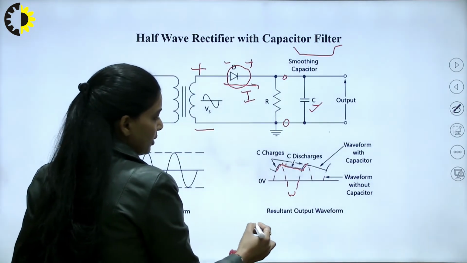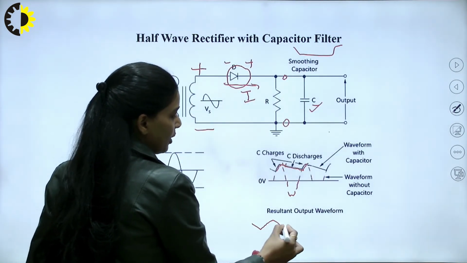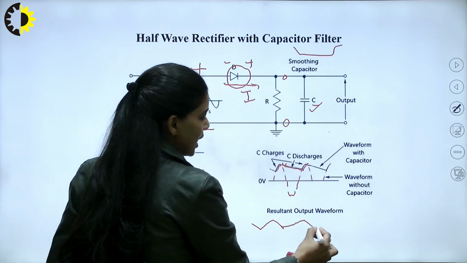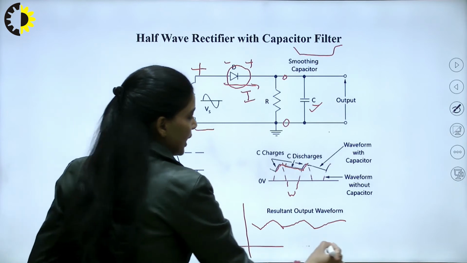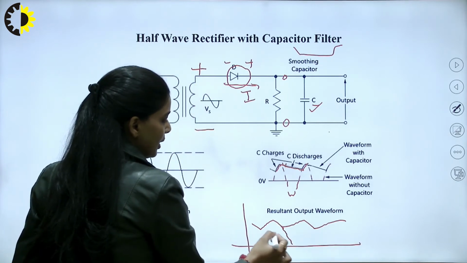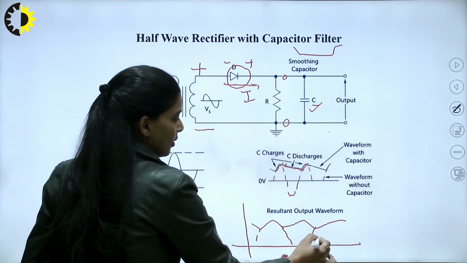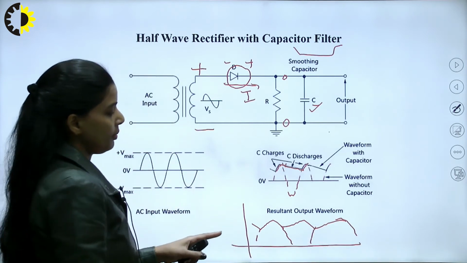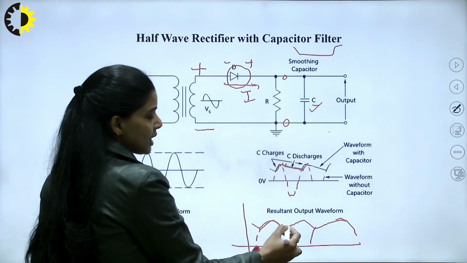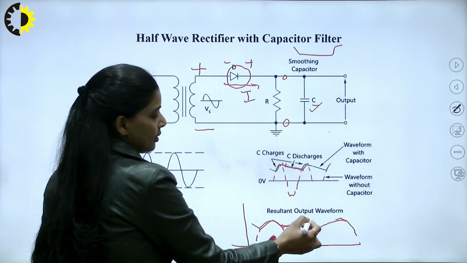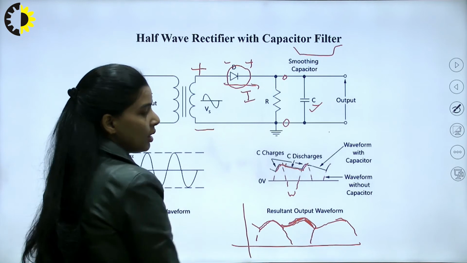So, we get the output like this, discharging, then charging and discharging. Initially the output was having more ripples like this, which will now be reduced. It will be having this type of DC appearing across the output.